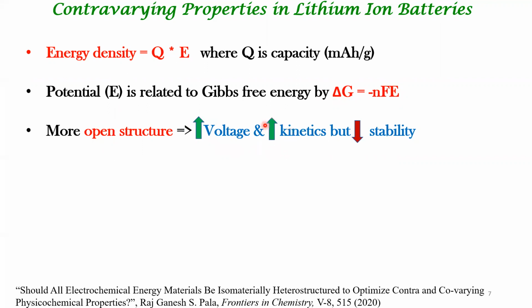And the kinetics of intercalation, deintercalation is more facile, it's faster, but because of it being a more open structure, the stability is lesser. So these two properties are contravariant with stability. If you get greater voltage and more facile kinetics, you get lesser stability.